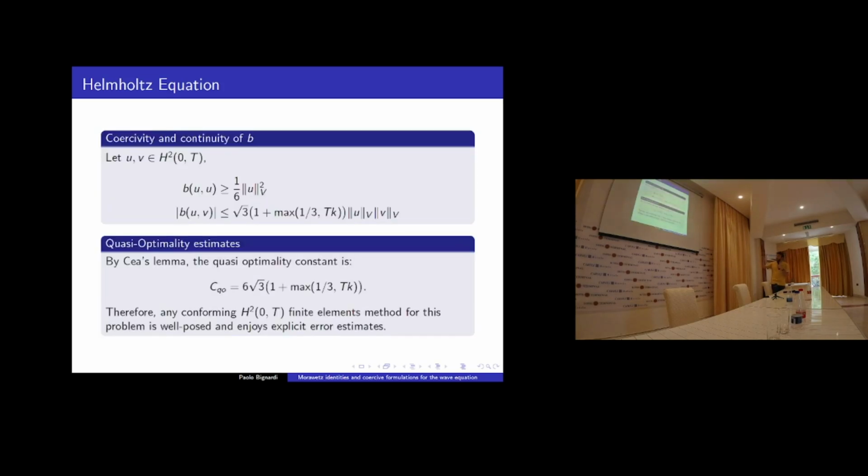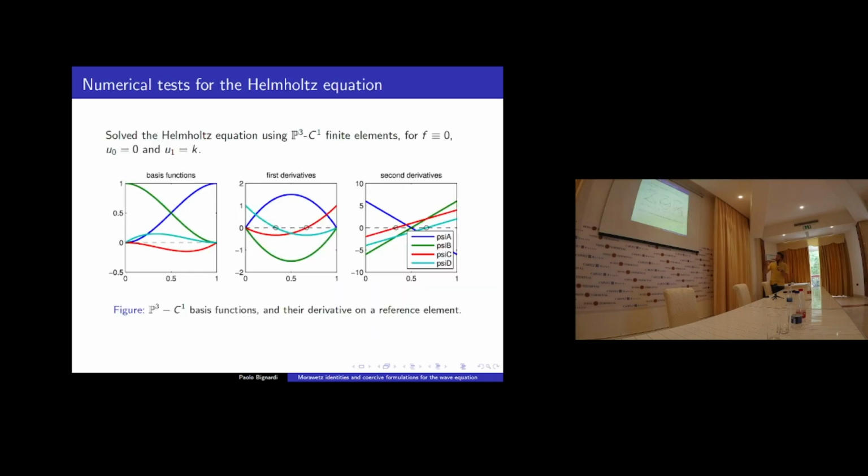So these are the continuity coefficient and the coercivity coefficient, and the quasi-optimality constant, which we were after. And just to test that this wasn't just a fluke, we did a very simple numerical test to see if it was actually working.